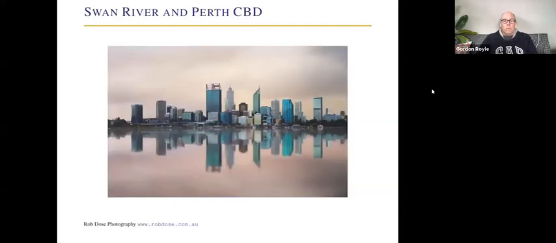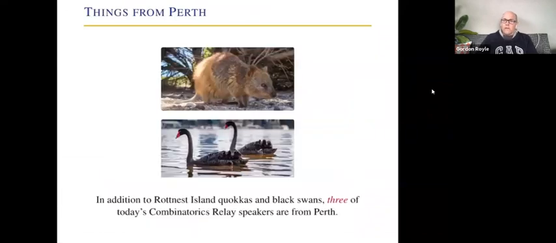Perth, almost none of you will have been to Perth. It's a city of about 2 million people. It's on the banks of the Swan River and also on the Indian Ocean. And that's what it looks like. Here are some small interesting things from Perth.